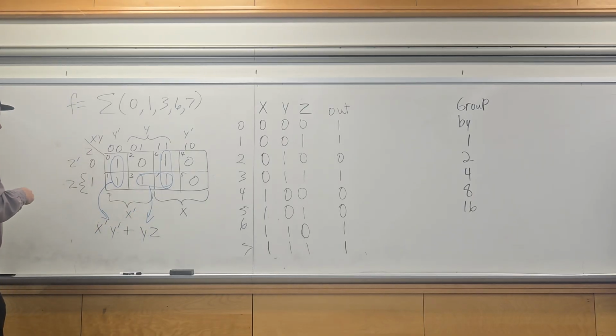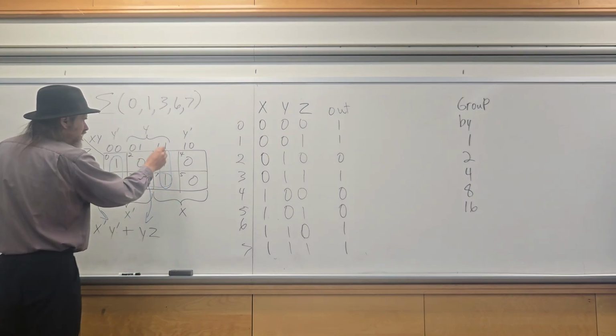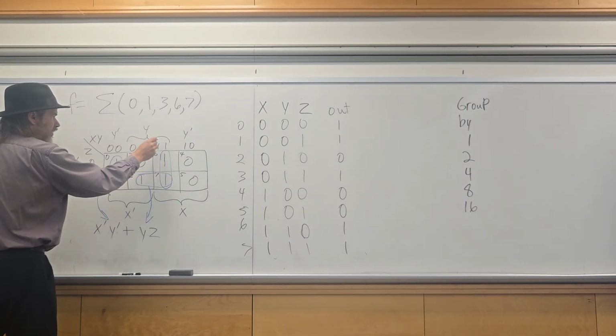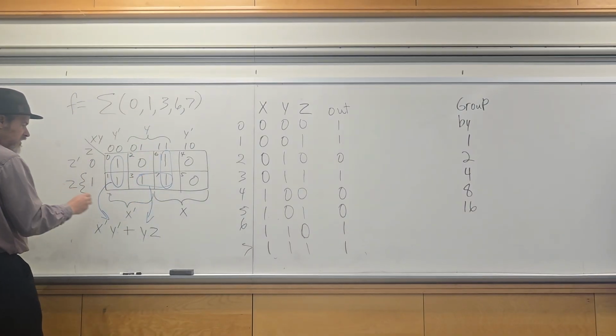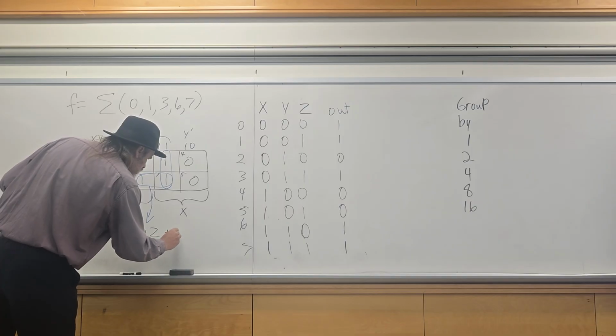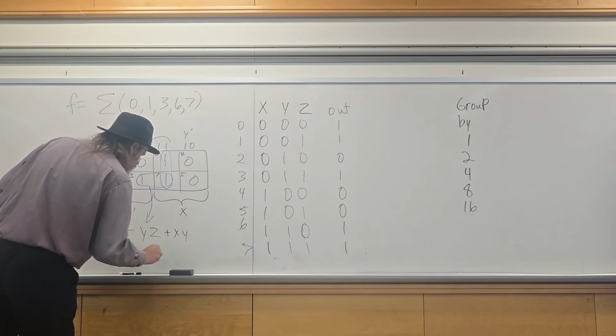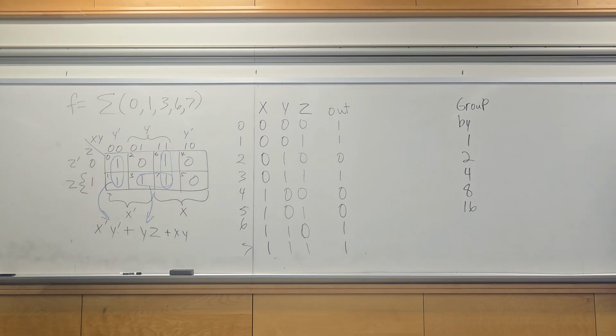And then finally, you have x and y. It's all in y, all in x. Z doesn't matter. So x, y. You see how that happens?